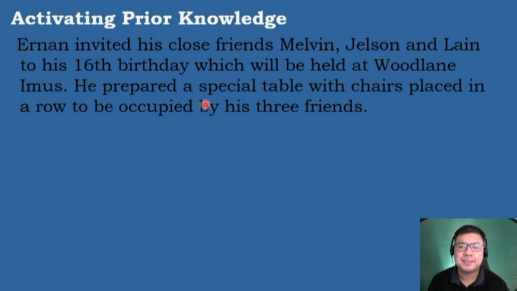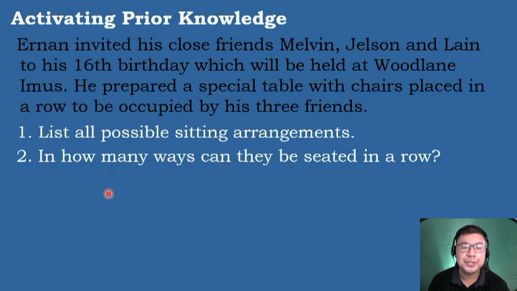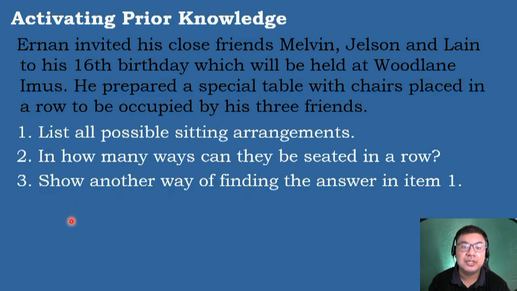He prepared a special table with chairs placed in a row to be occupied by his three friends. Number 1. List all possible seating arrangements. Number 2. In how many ways can they be seated in a row? And number 3, show another way of finding the answer in item number 1.